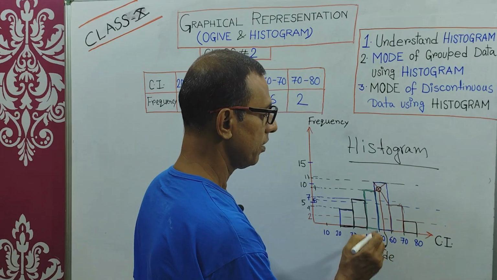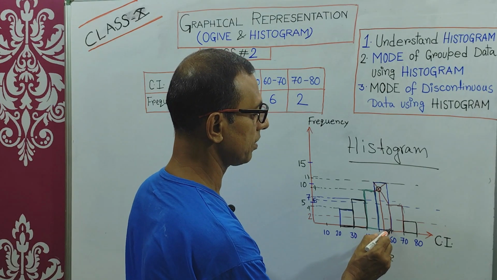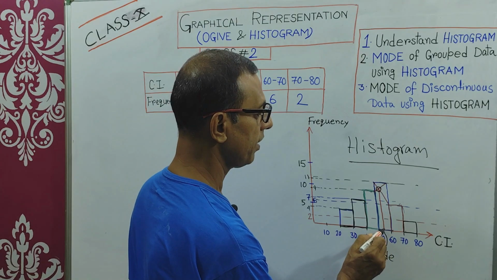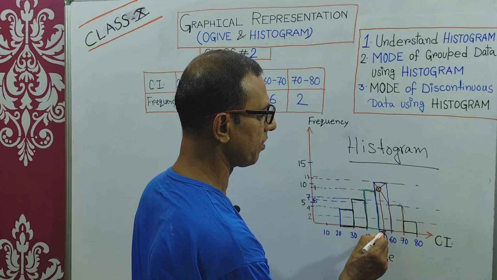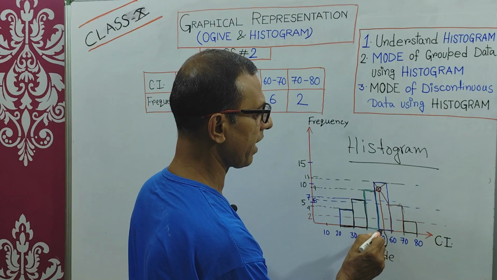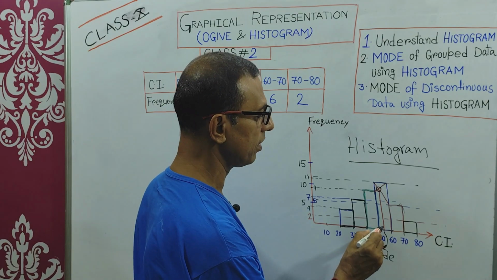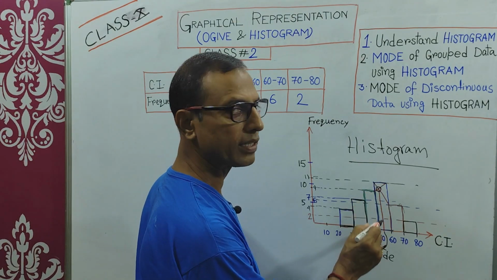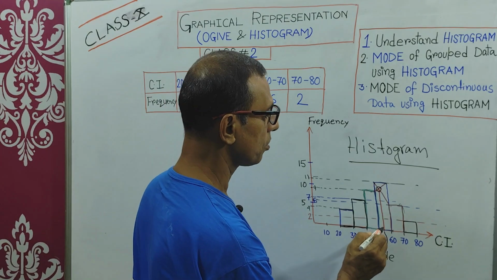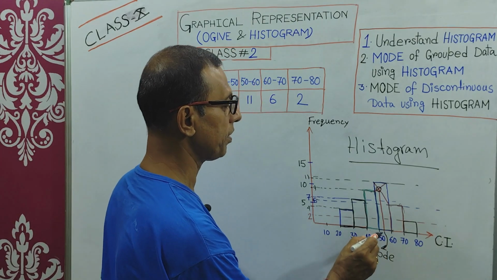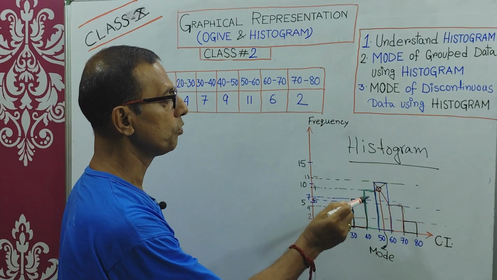Here, by eye estimation, between 50 and 60, it looks like around 53, because it is less than half, 55. So it will be around 53 or 54, but you will get the actual measurement when you put all this data on graph paper. That is how you determine the mode for a continuous data set or grouped data using a histogram.